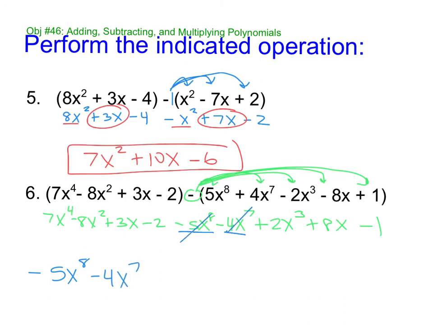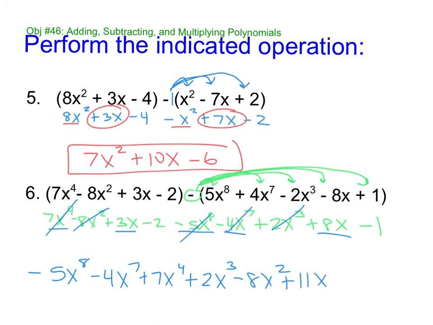Sometimes what I'll do is I'll cross off when it's this big. The next one is 7x to the 4th. And then 2x cubed. Not a lot of stuff combining. Minus 8x squared. Ooh, now we have our 3x and our 8x. That gives us 11x minus 3. So not a lot of stuff combined there.